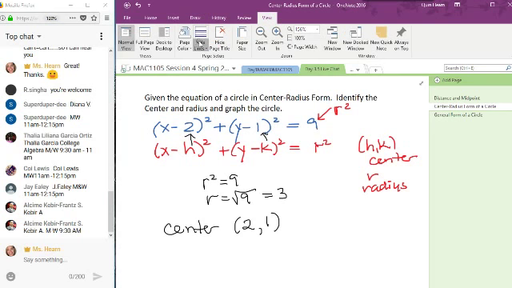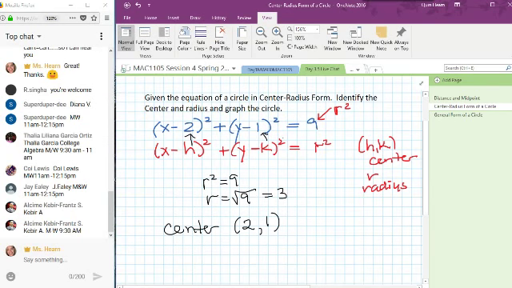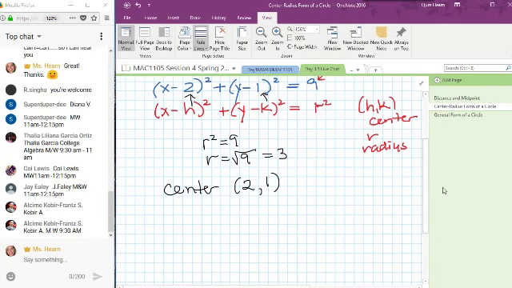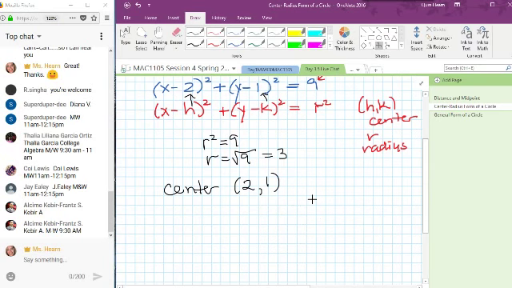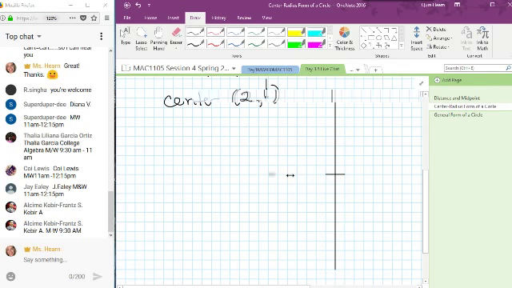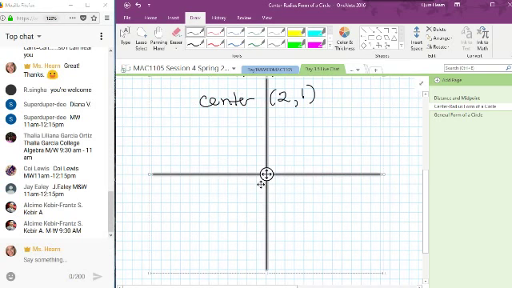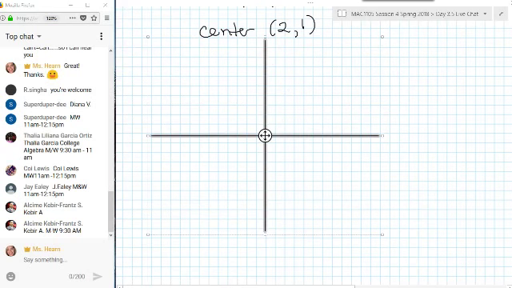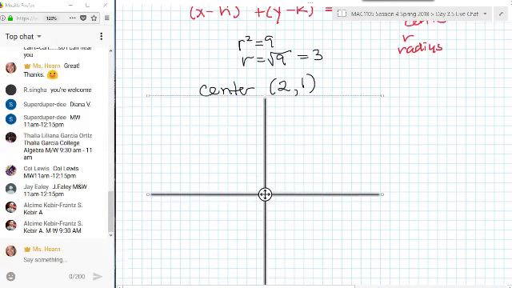So let's pull up some graphing paper here. All right, so if I want to graph this circle, I'm going to start by plotting my center. Let's move this down. So again, my center was (2, 1) and my radius was 3.